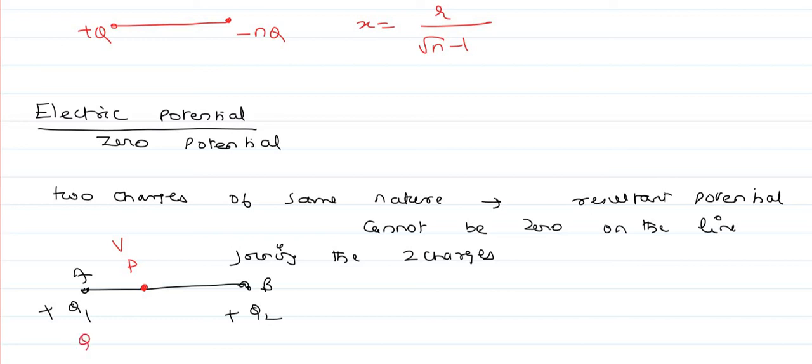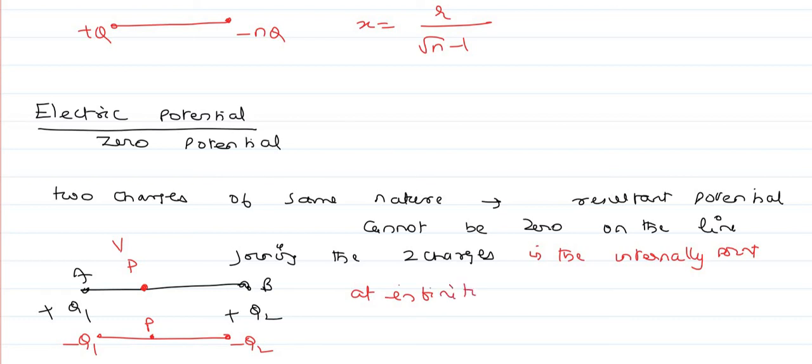Minus Q1, minus Q2, if you add, again it will be the summation. You are not subtracting it. So the zero potential cannot be obtained on the line joining the two charges at an internal point. So the only possibility is at infinity, where you can expect the neutral point.